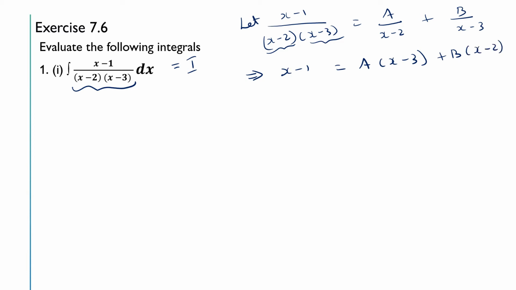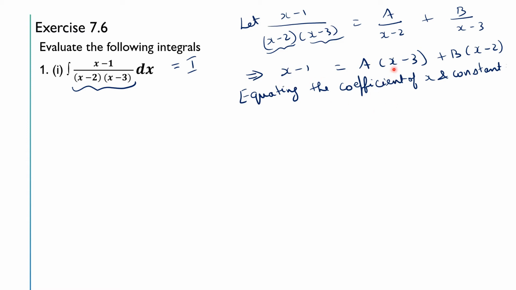Now what we have to write is, equating the coefficient of x term and constant term on both sides. When we equate the coefficient of x and constant term on both sides, here we can see that the coefficient of x is 1.